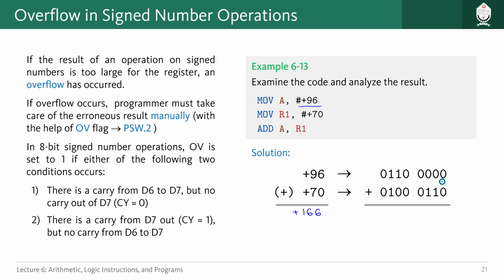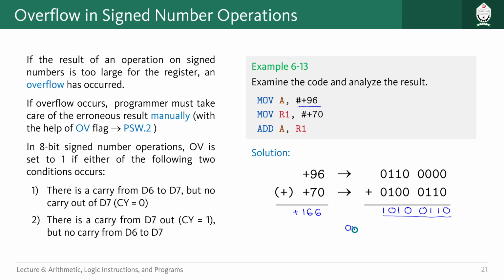Now if I do the same calculation in binary, you are going to see 0 1 1 0 0 1 0 1, right? So this is the result, but this is not equal to 166, because we don't have the capacity to show 166 using 8-bit signed arithmetic. That is the problem. So there is some issue in this result, and to show that, the overflow flag will be set to 1.